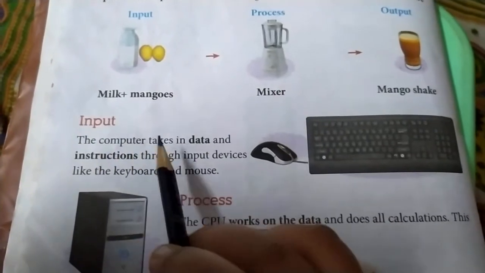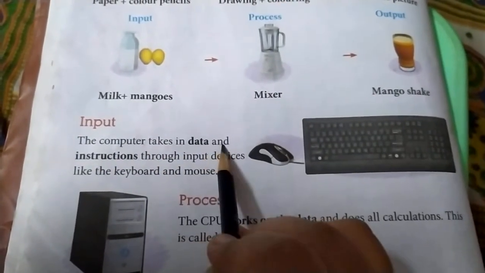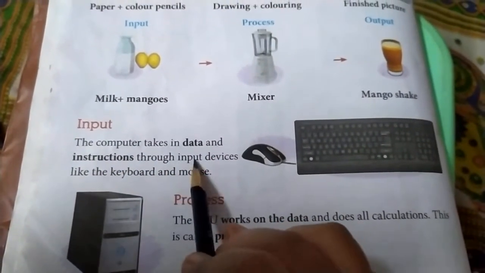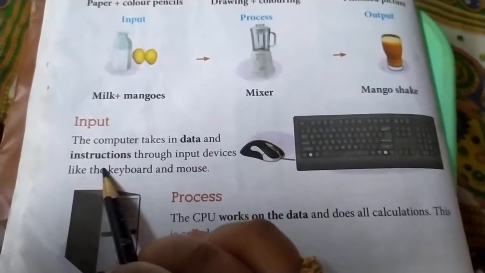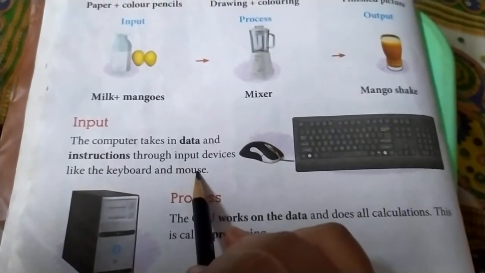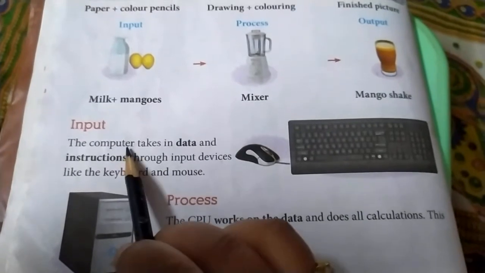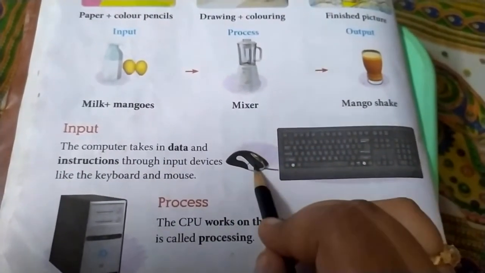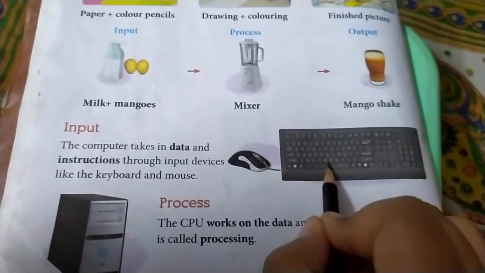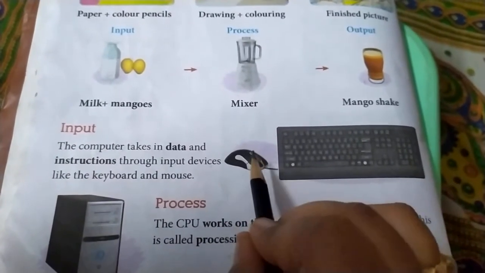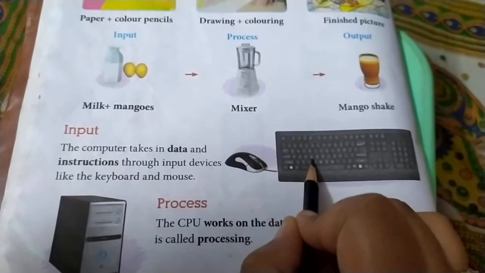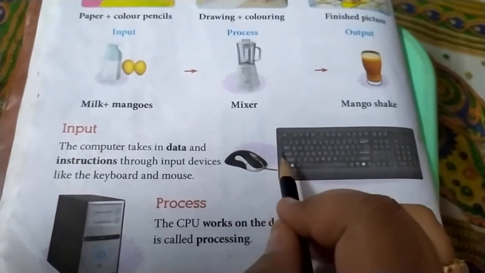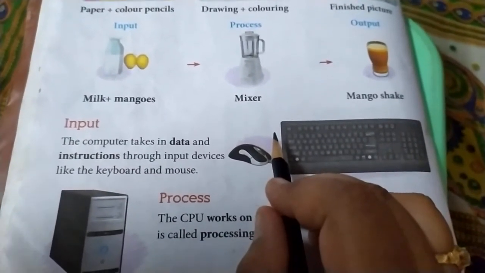The computer takes in data and instructions through input devices like the keyboard and mouse. What are the input devices? Keyboard and mouse. Using the mouse and the keyboard, we give the input to the computer system.